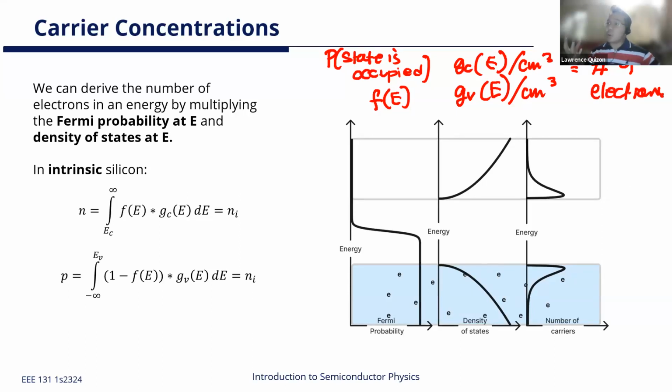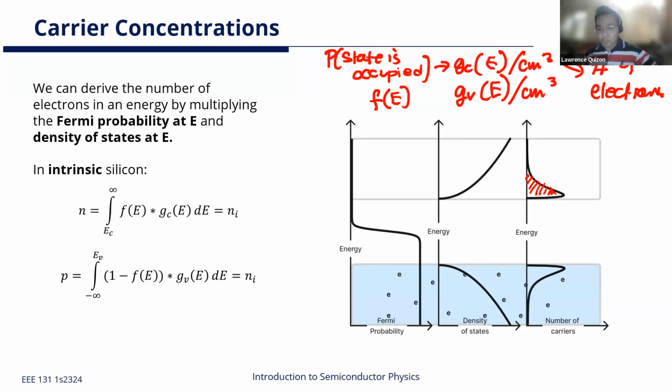Because that's the number of occupied states, right? In the conduction band, for example. So kapag minultiply mo to, doon, you get the number of electrons. So Fermi function times GC of E, the density of states in the conduction band, equals the number of electrons in the conduction band per energy level, right? Does that make sense?